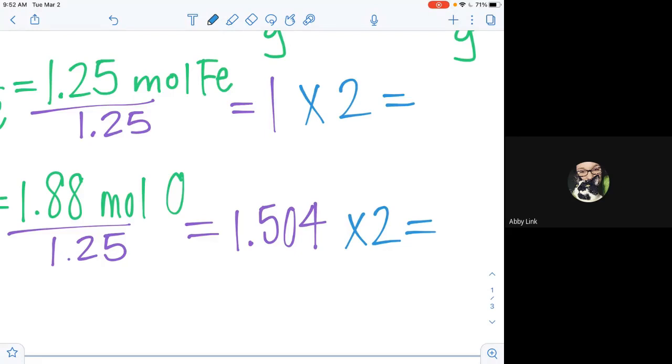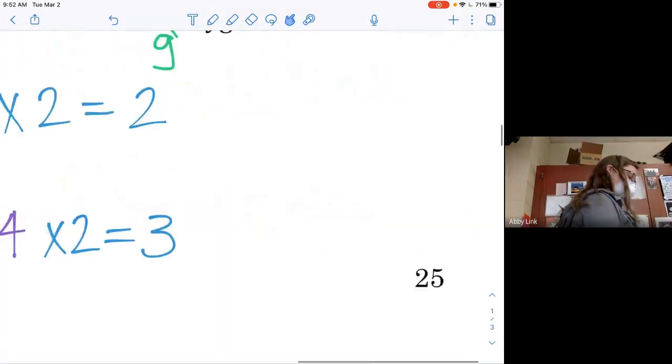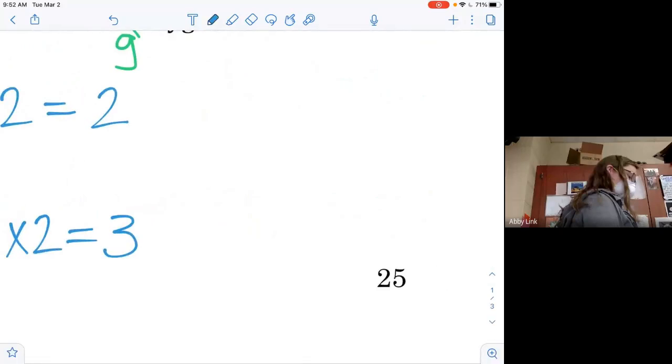Okay? When I multiply 1 times 2, I get 2. And when I multiply my 1.504 by 2, I get 3. All right? So now these are numbers that I'm going to use in my empirical formula. So my empirical formula then becomes Fe2O3.